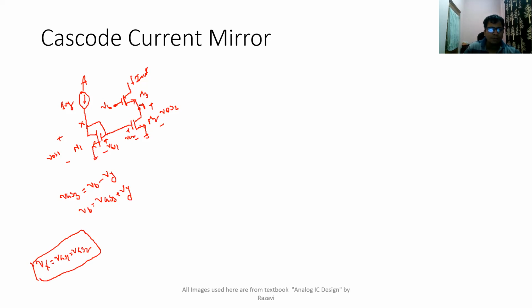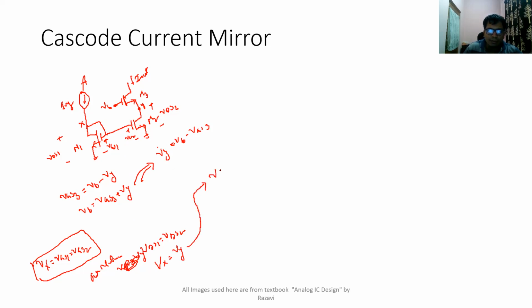Our intention is to make VDS1 equal to VDS2. In other words, we are naming this node as X and this node as Y, so our intention is that VX should be equal to VY. So if you want node X voltage to be equal to node Y, from this equation I can get node Y voltage as VY equal to VB minus VGS3. For them to be in saturation, these two should be made equal.